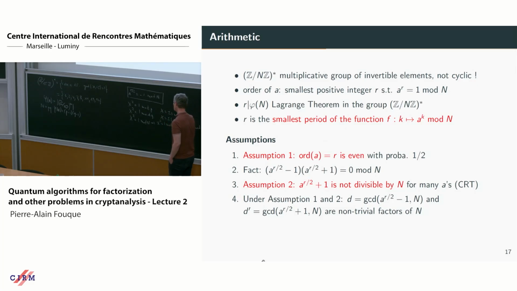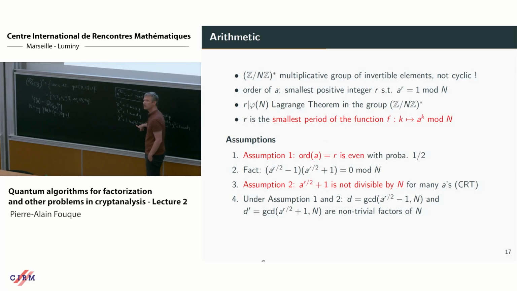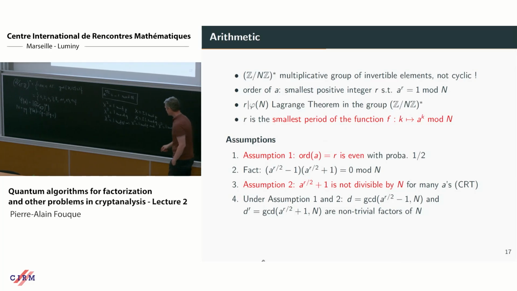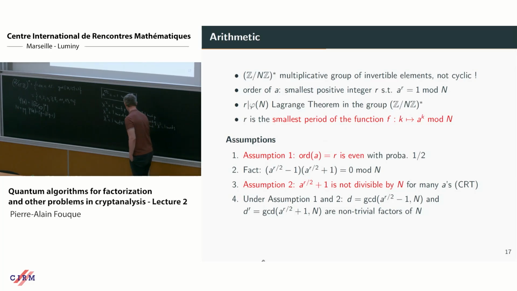Okay, since p and q divide n, if this equation is true modulo n, it is also true modulo p and modulo q. Okay, and so here you have 2 solutions for this value, plus or minus 1 mod p. And for this equation, you have plus or minus 1 mod q. Okay?